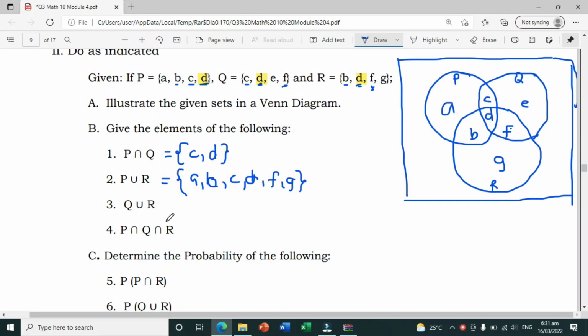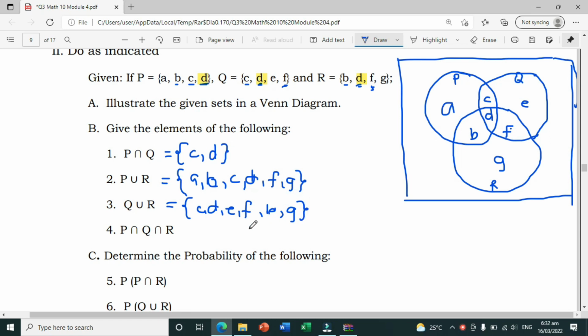Okay, number 3. So, the union of Q and R. So, isusulat natin lahat ng mga elements ni Q at saka ni R. So, kay Q, we have C, D, E, F. Yan yung kay Q. Tapos, kay R naman, tapos na tayo kay D at saka kay F. So, wala na lang, hindi natin nasulat B at saka G. Yan.